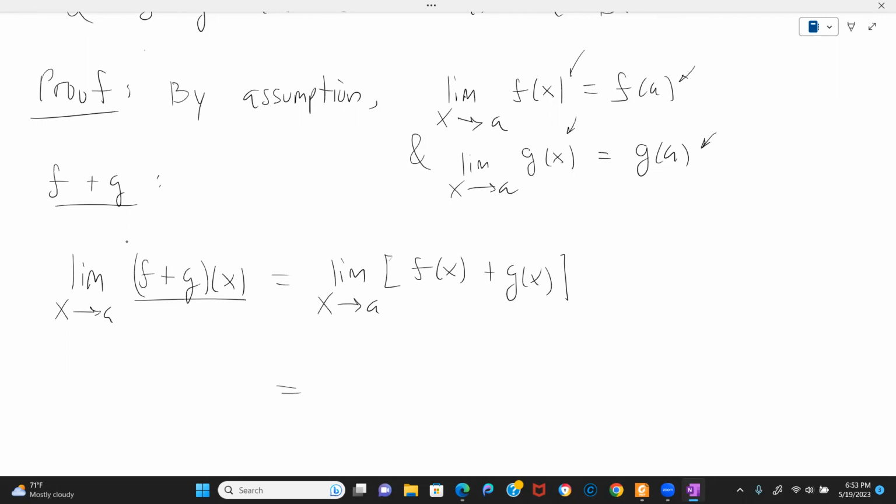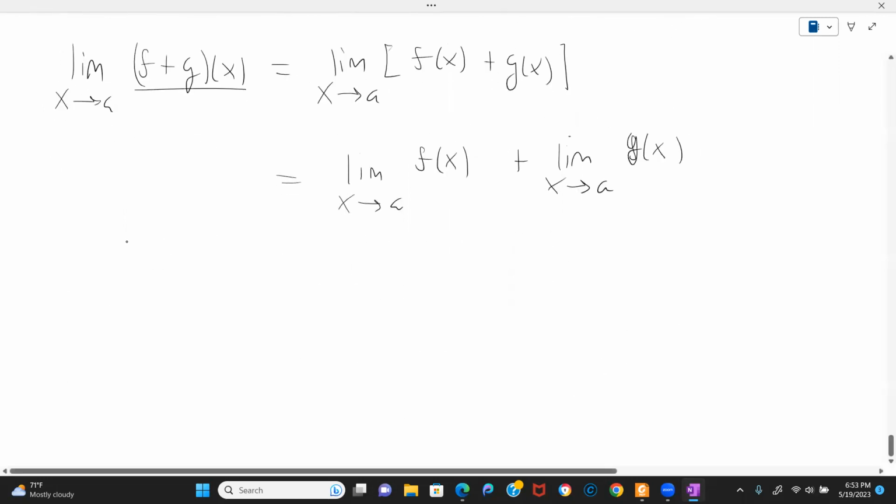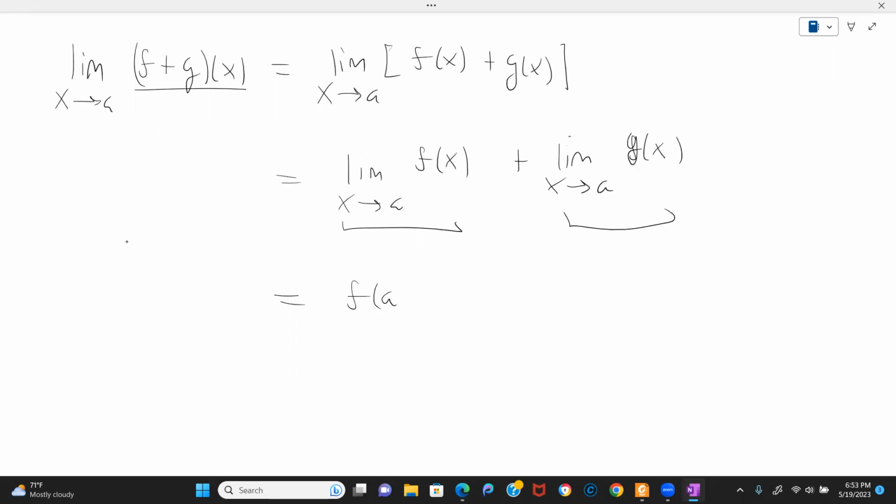We can actually distribute the limit operator over the sum like so. And then by assumption, this is f of a and this is g of a. So this is f of a plus g of a. And by definition of function addition, this is going to be f plus g evaluated at a.